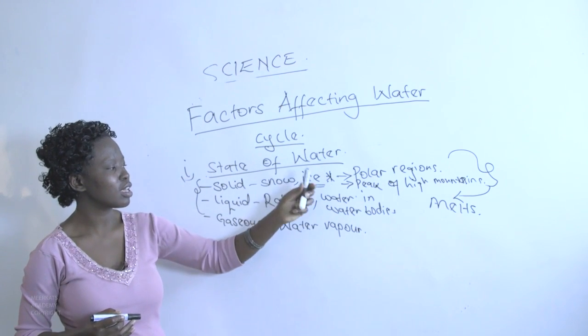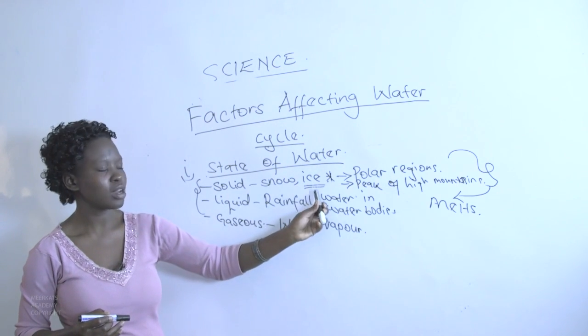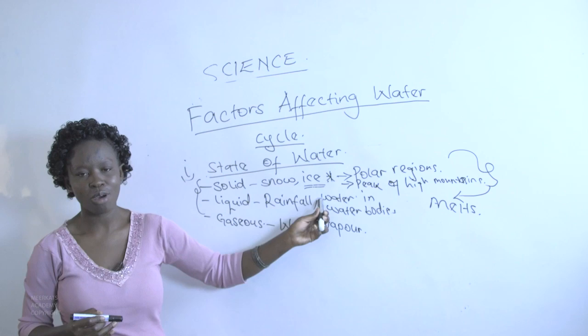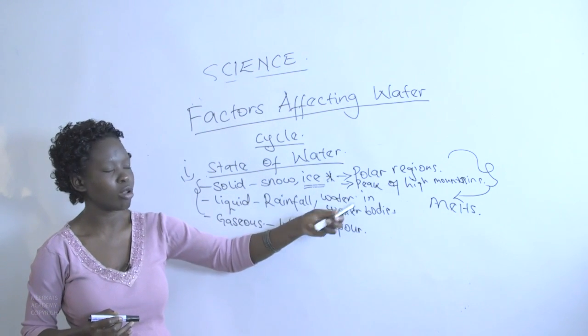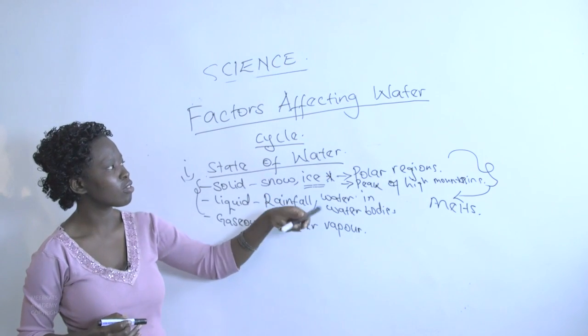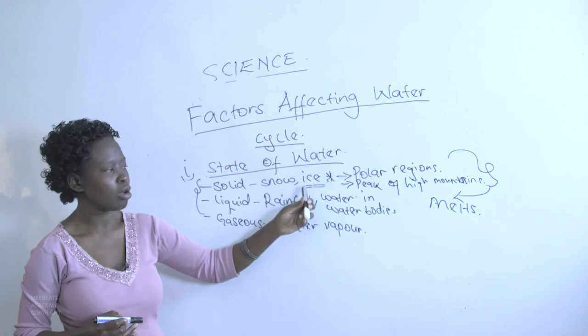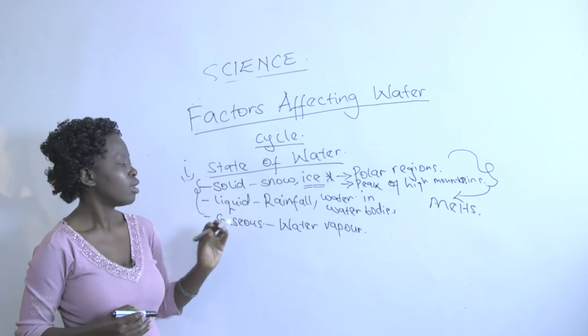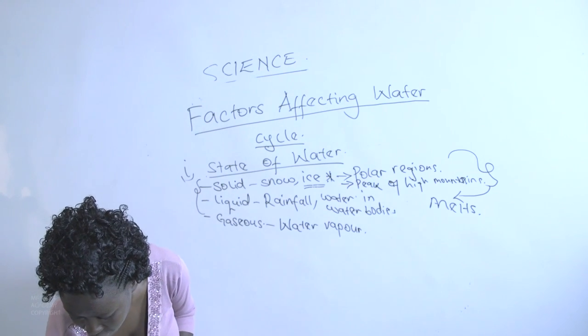Since they are not taking in water, the rate of transpiration is also slowed down. And if the transpiration rate is slowed down, then the whole water cycle process is also interfered with.